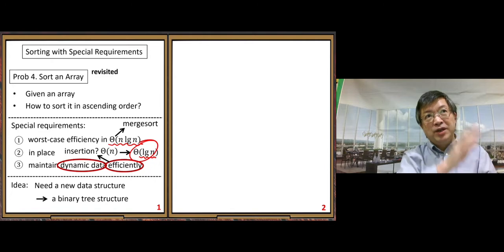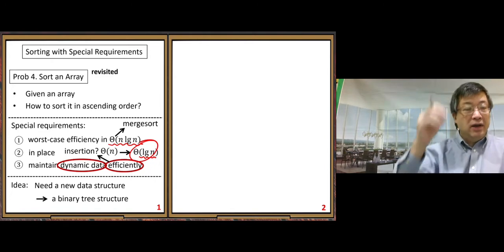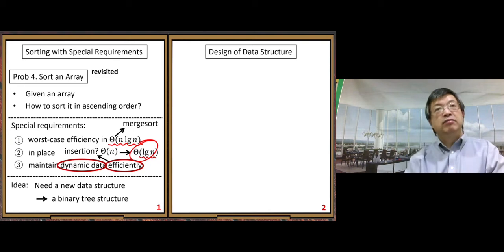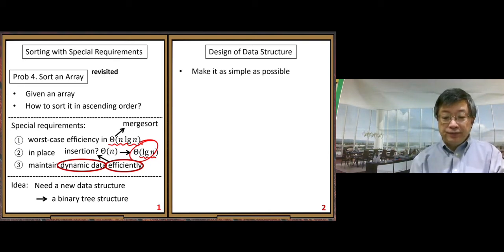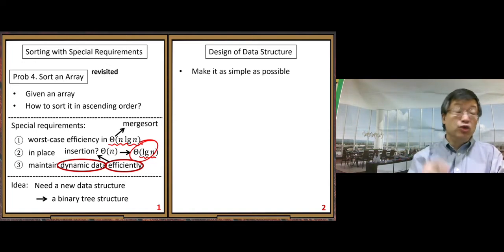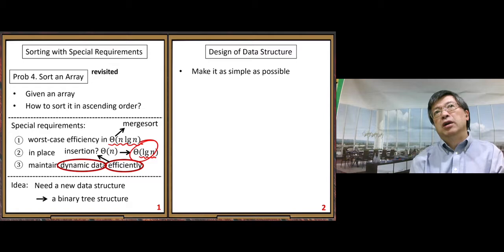So based on this understanding, now let's work on the design of the data structure. When we design a data structure, usually people want to make it as simple as possible. Most people don't like to use a very complicated data structure.